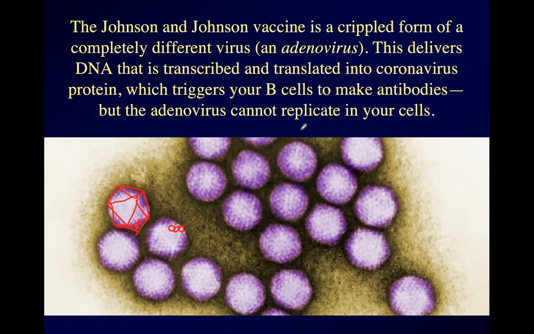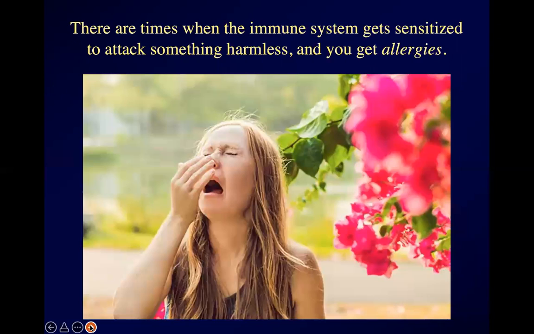It triggers your B cells to make antibodies, but the adenovirus cannot actually replicate in your cells. So you don't get a permanent infection from the Johnson & Johnson vaccine. And again, we've known the outlines of how to do this for at least 20-odd years. It's not that radically new an idea to inject somebody with a crippled virus. Sounds kind of scary, but it's much better tested than some people realize.